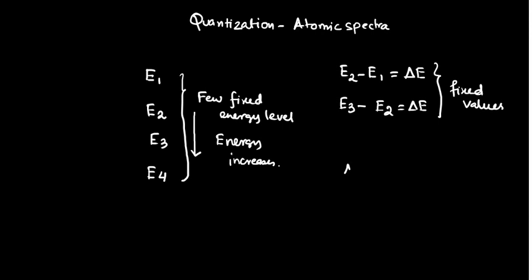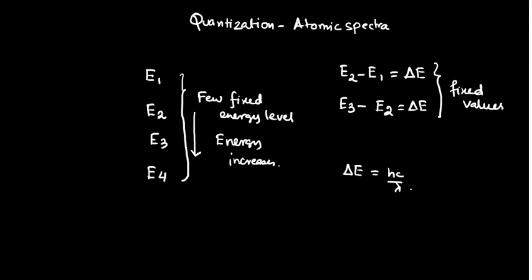And we already know that delta E is equal to hc by lambda. Okay. So, if delta E is fixed, lambda is also fixed. So, if lambda has some fixed values, then we can say that the lambda values are quantized. If any quantity is allowed to take only some fixed values, not any values it likes, then that is specified as quantized.